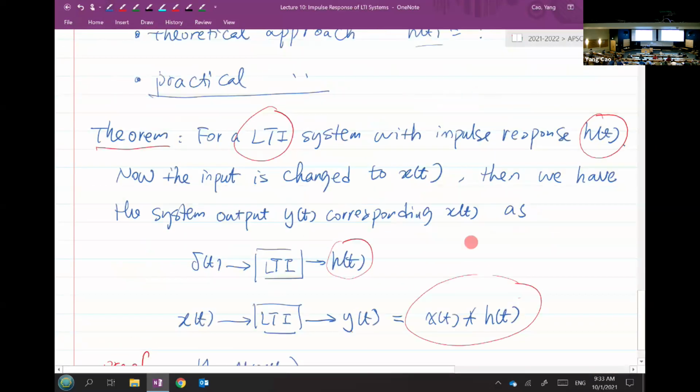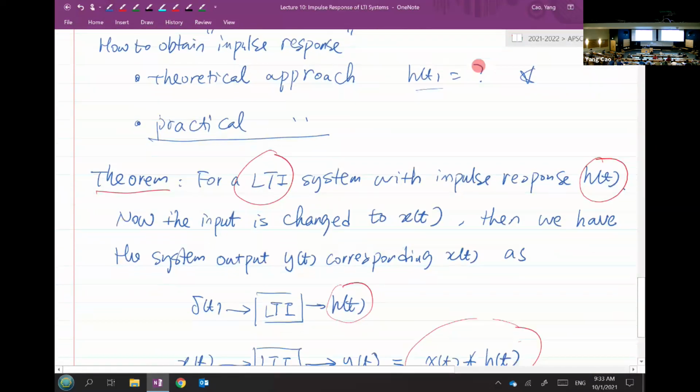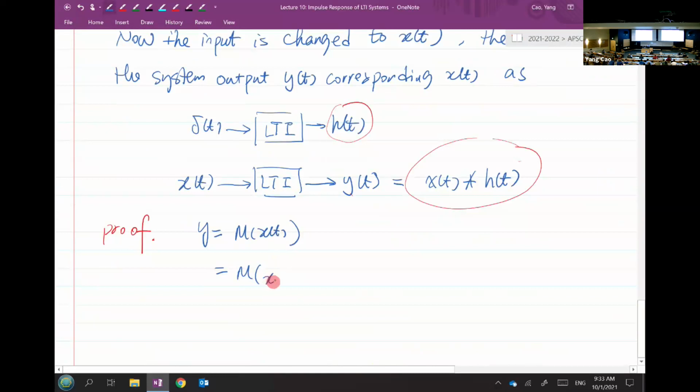I didn't do the review here, but in the previous lecture, we did a review: when you convolve any time function with the impulse signal, the result is not changing. It still gets back to the original time function. This is a result we obtained from the previous lecture. So let's take a look at what this gives us.